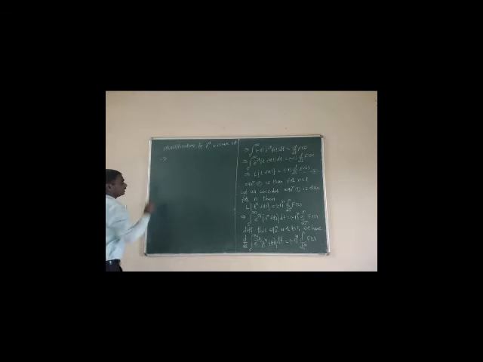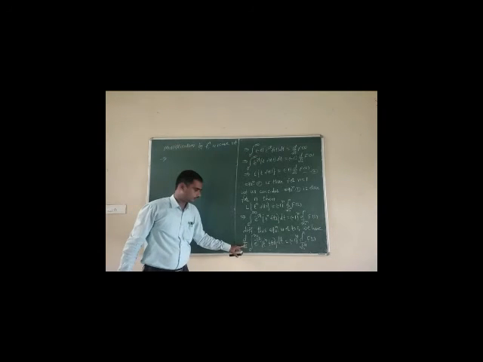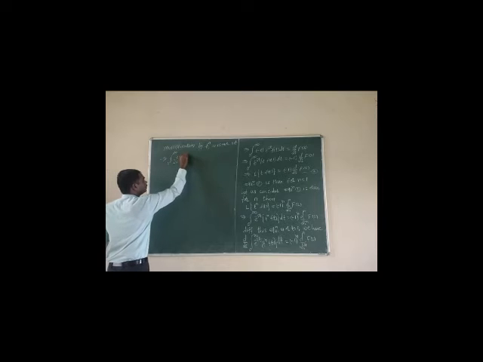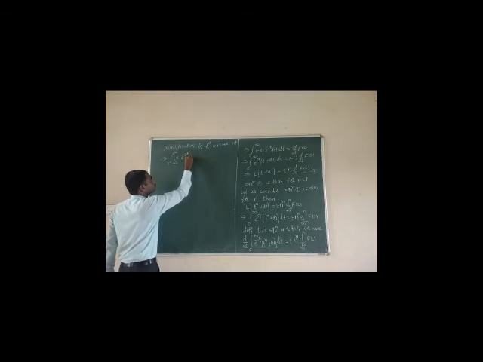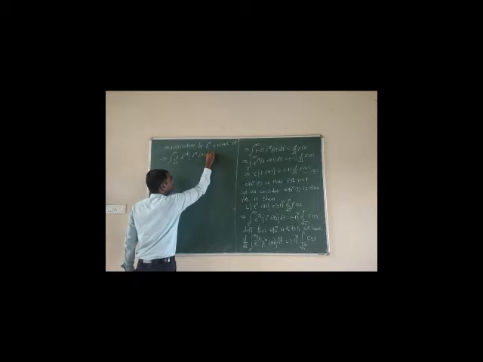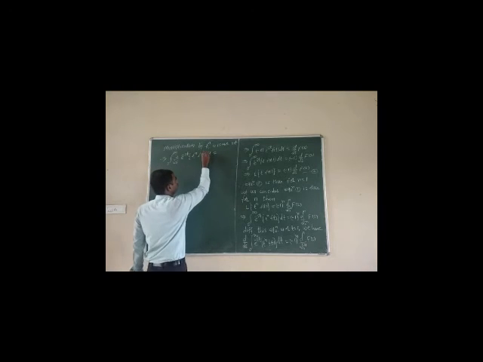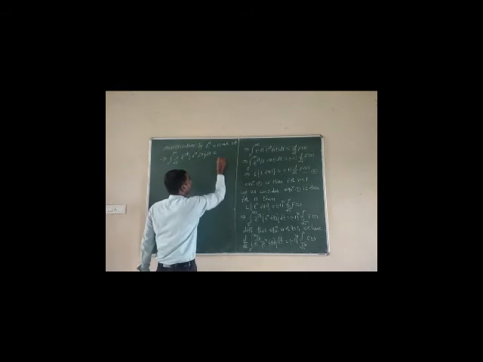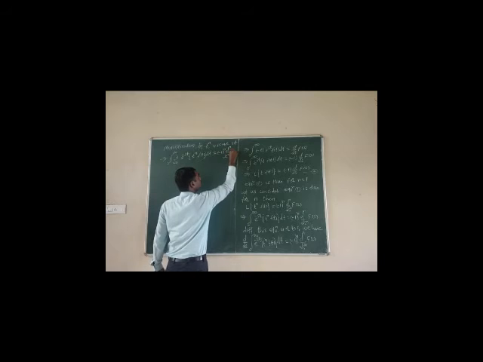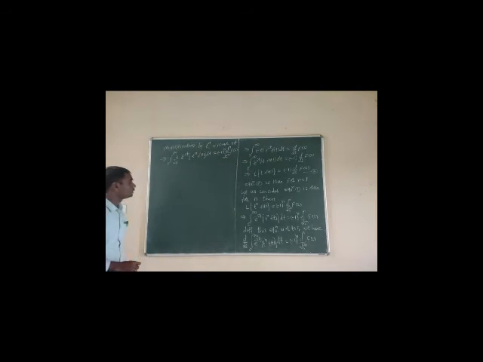So this implies that, again by Leibniz theorem, this derivative goes under the integration sign. It will become a partial derivative, that is, del del s of e to the power minus st into t raised to power n f of t dt, that is equal to minus 1 to the power n into the nth derivative with respect to s of f of s.